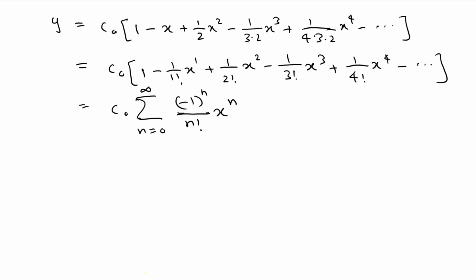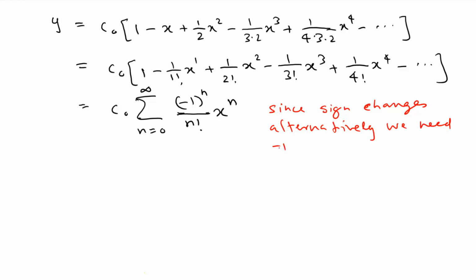And why do we have a (-1) to the n? Because you can see that the sign alternately changes, so we need a (-1) to the n term, but you have to be careful, it should match.